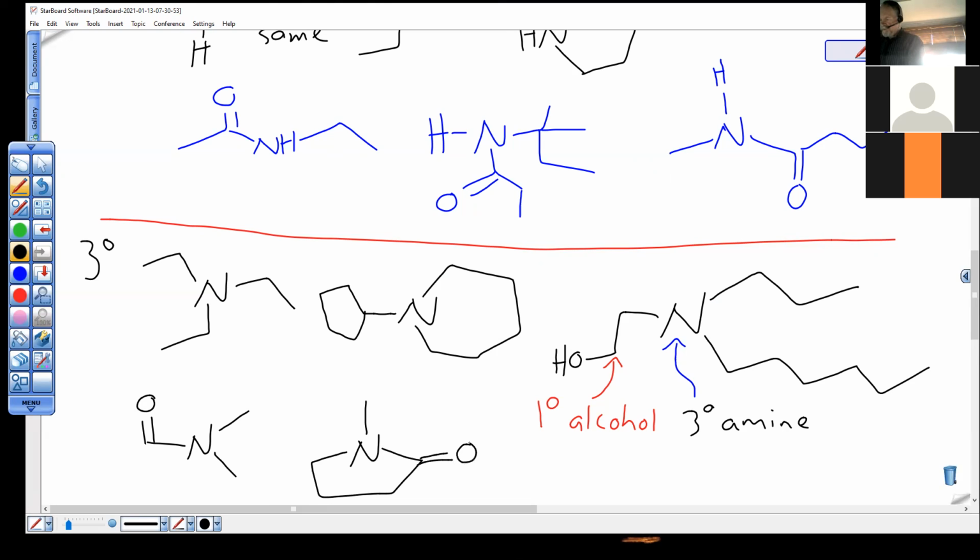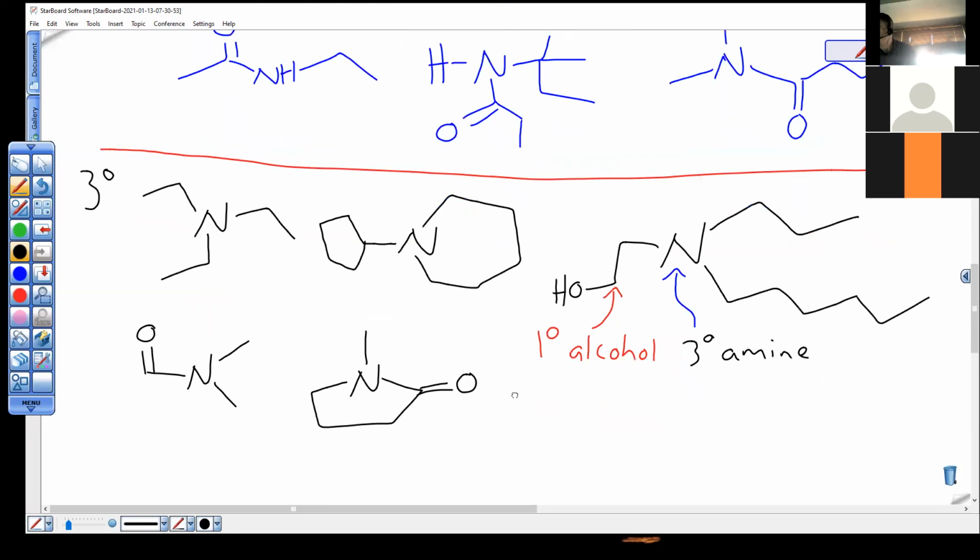Carbonyl there. Oh, these should be blue, shouldn't they? I don't think I can change their color. These are amides down here. Amines up here. I think 2 gets the point across.